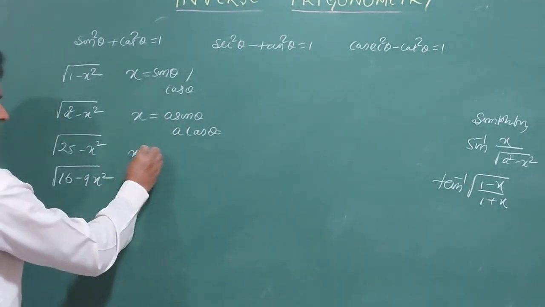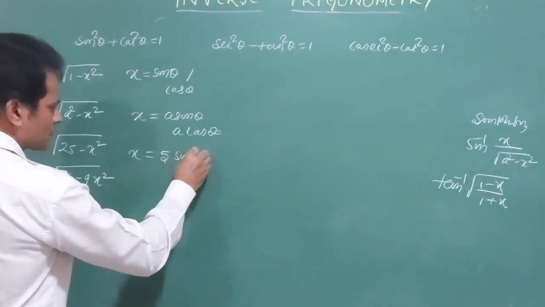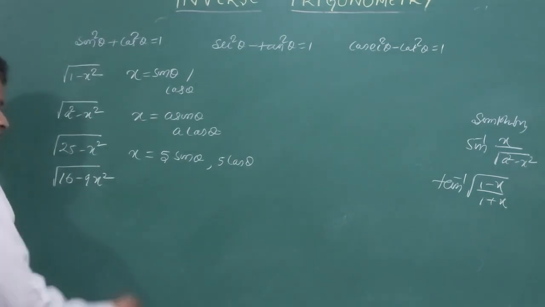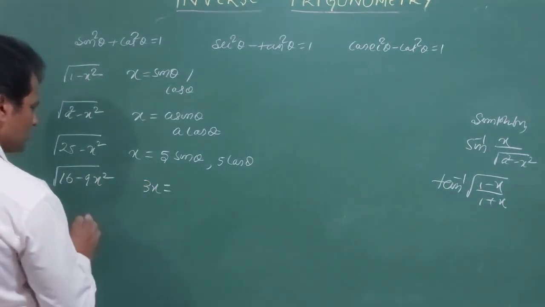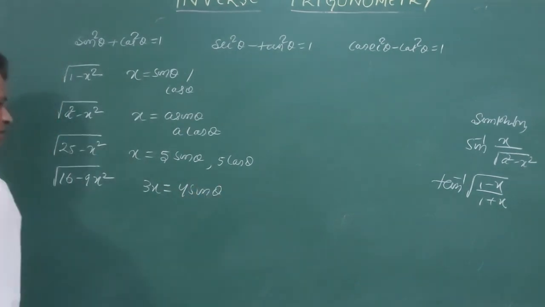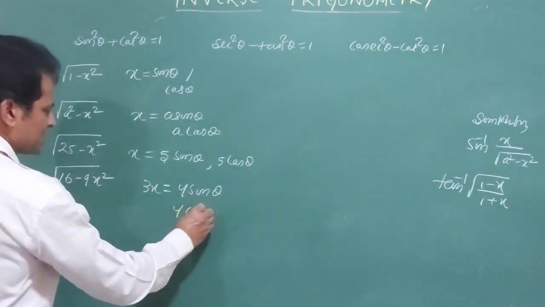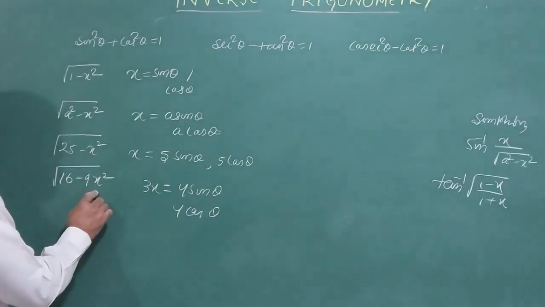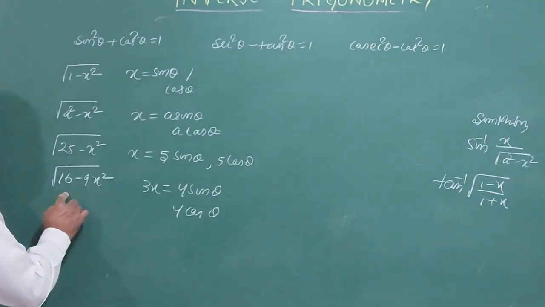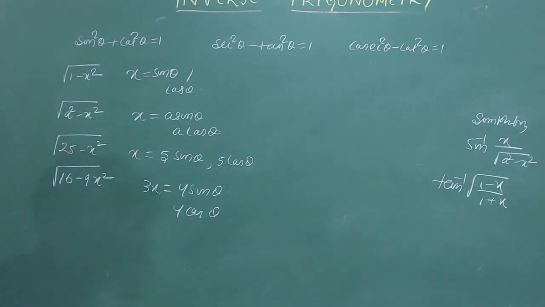Same logic here: x equals 5 sin theta or 5 cos theta. 3x is equal to 4 sin theta or 4 cos theta. You can replace it here: instead of 3x whole square, put 4 sin theta whole square or 4 cos theta whole square. Then 16 comes common outside and its root becomes 4. I can solve it.